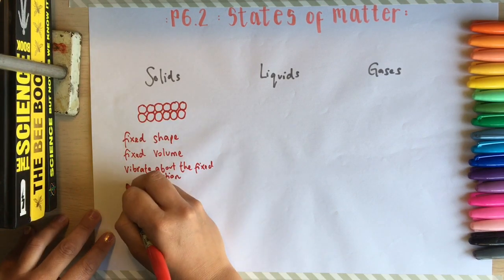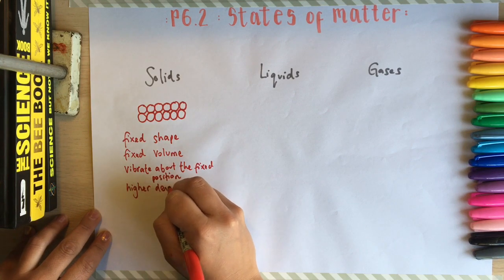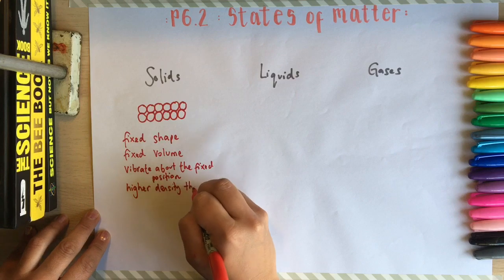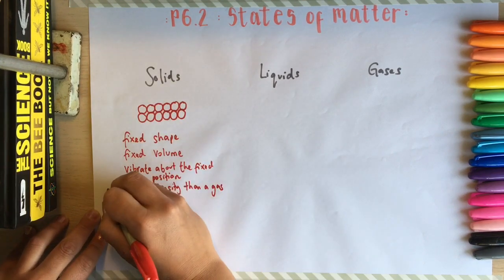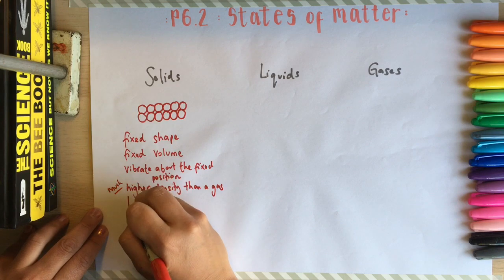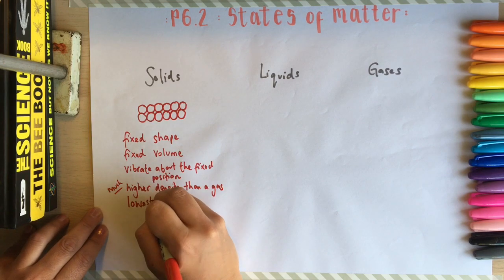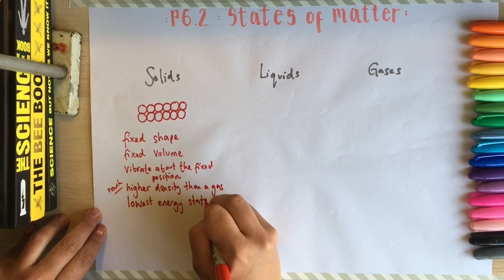So they have a much higher density than a gas. Most of them have a higher density than the liquid, so much higher density than a gas. And they are the lowest energy out of the three states.